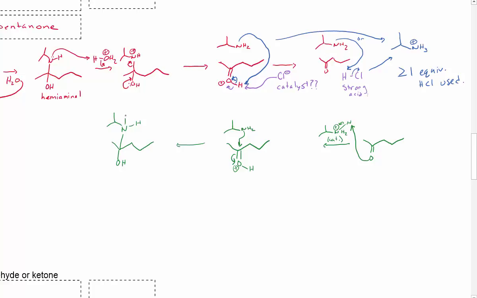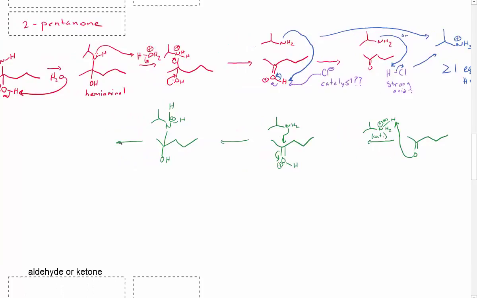This nitrogen has 2 hydrogens on it. There was a mistake up above here. This nitrogen should also have an extra hydrogen. By comparing my structures, I'm doing some error checking here, working in the reverse direction. Okay, so this nitrogen that just attacked has both its hydrogens still.